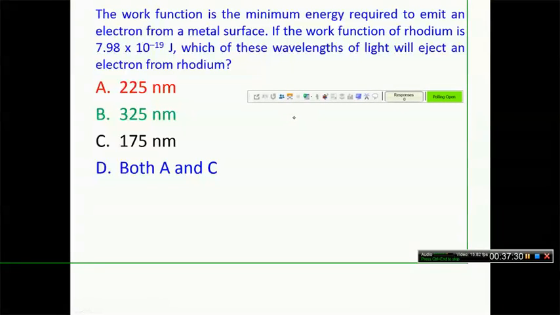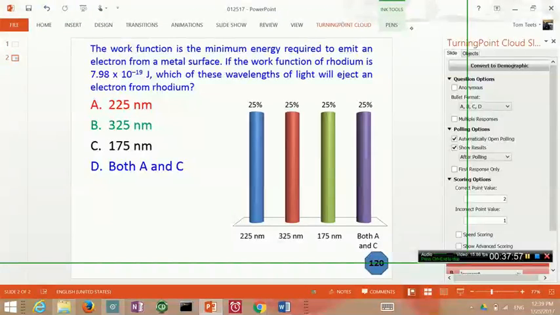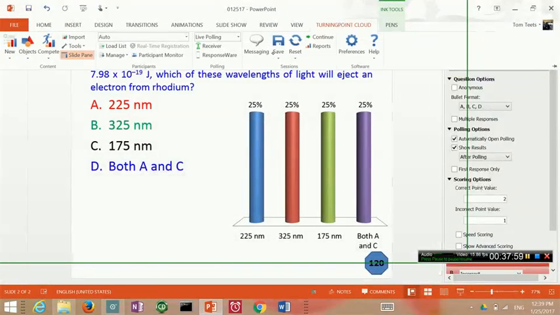Okay, so you can start answering the question now, and then I'll start a timer in a second to really get this going. So all you do is read the question. Okay, channel 47. Now the other thing I should do, because I forgot to do this already, is, in case you're using your phone, you also need a session ID. So what I need to do is start a session.